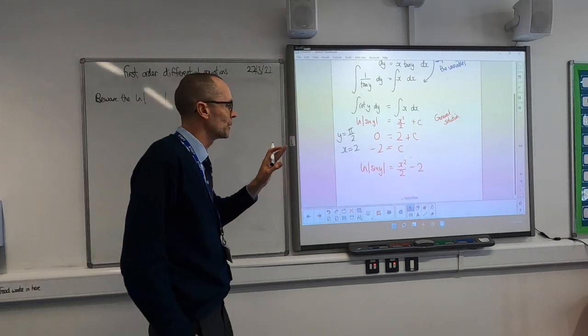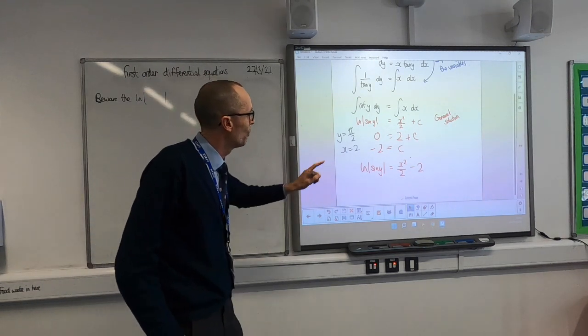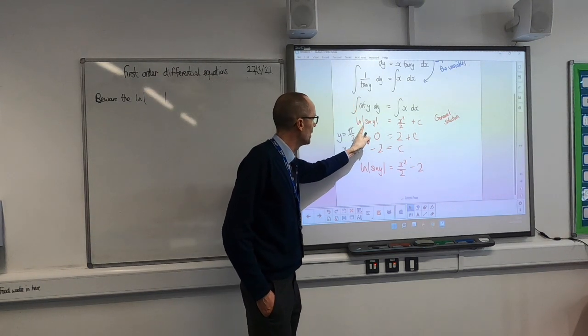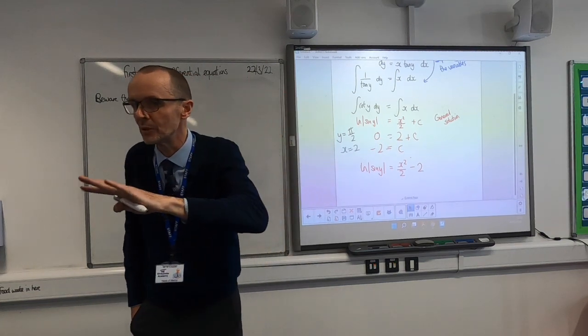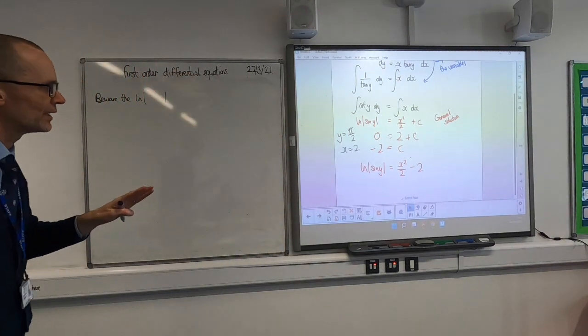It's not an issue which was a problem here, but when we integrate something and get an ln, we always put these modulus signs here because you can't take the ln of something negative.